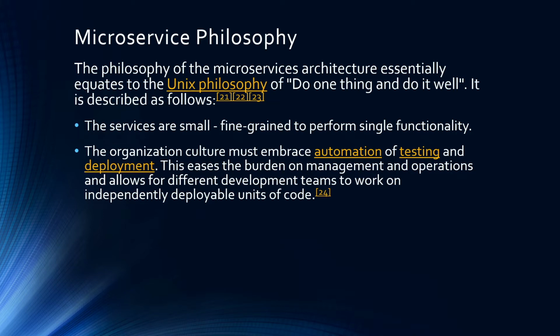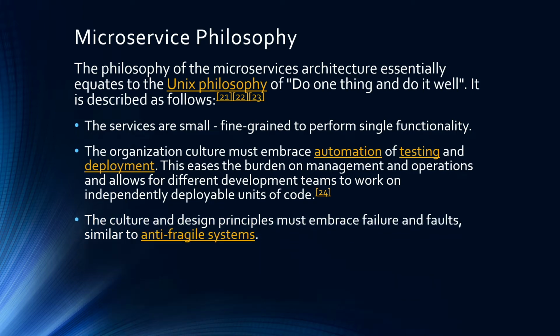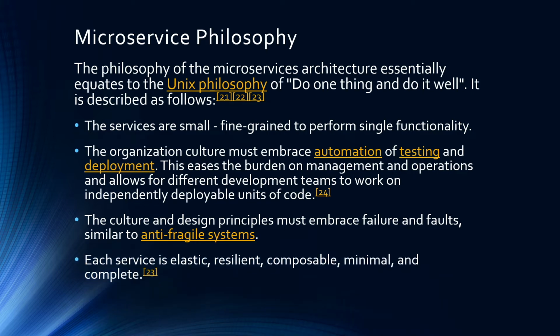This eases the burden on management and operations and allows for different development teams to work on independently deployable units of code. The culture and design principles must embrace failures and faults, similar to anti-fragile systems. Each service is elastic, resilient, composable, minimal, and complete.